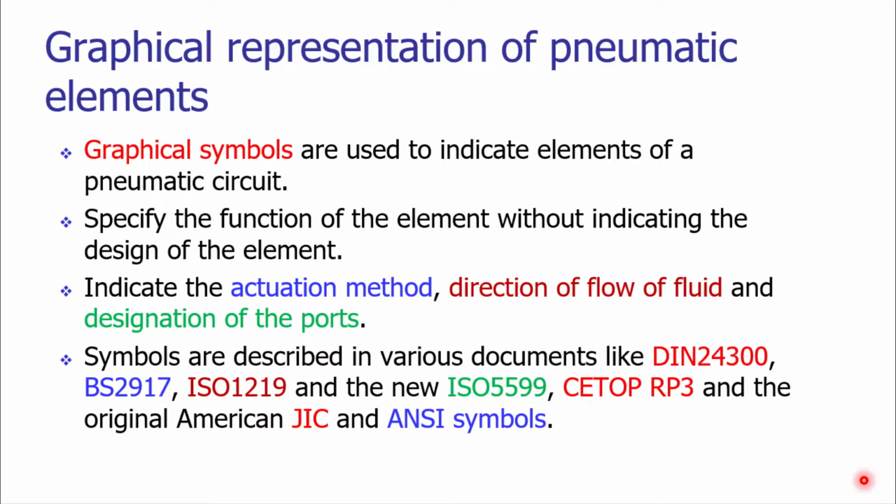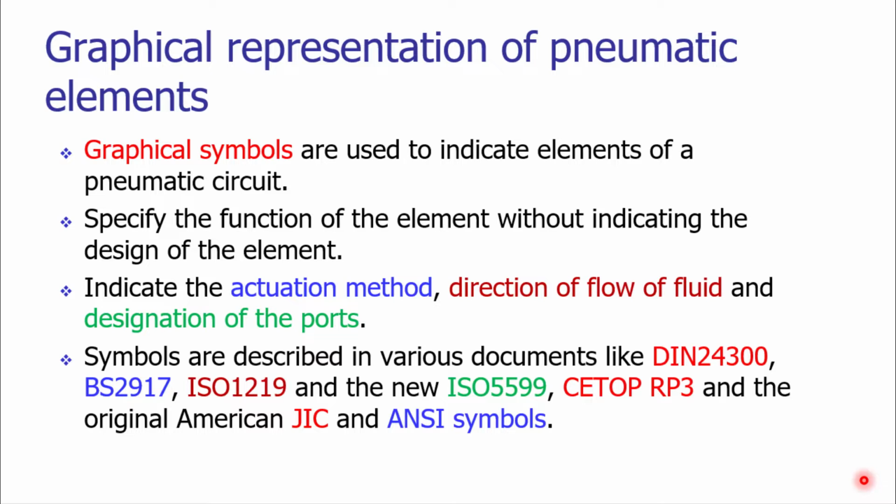There are various mechanical elements used in pneumatic systems, and these elements have very complex construction. We have seen the actuators and the valves, and they all have very complicated construction. When we want to assemble all these pneumatic elements together for our application, we need a large number of such elements.